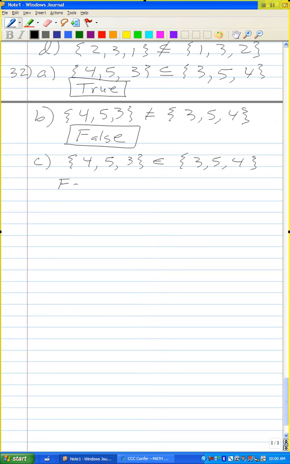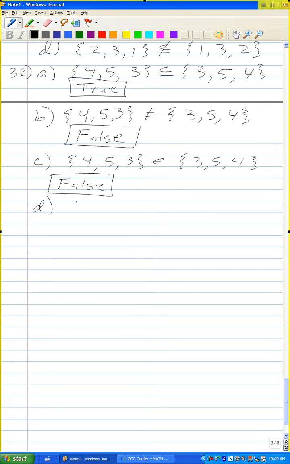Again, this is false, because this set here, containing the members 3, 5, 4, does not contain a set containing the members 4, 5, 3. The set on the right only contains numbers. It does not contain any sets. So that's a false statement.